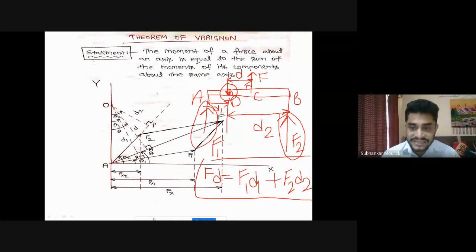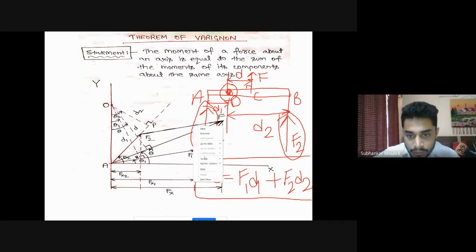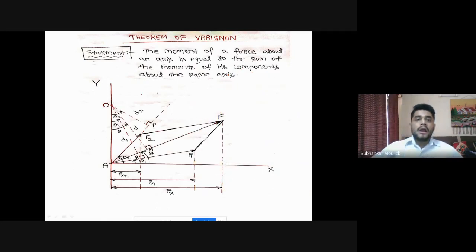So now we are interested in proving this statement. We have to prove whether this statement is true or false. For that, let me erase all these things first. I am taking a 2D plane. This is my x-axis, this is my y-axis. Assume that point A is the origin.